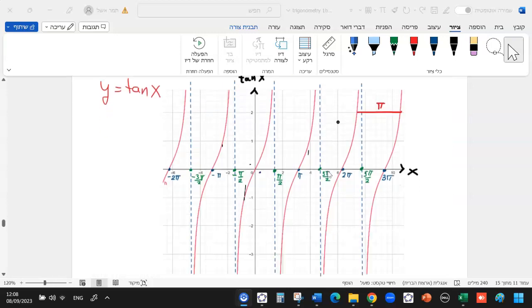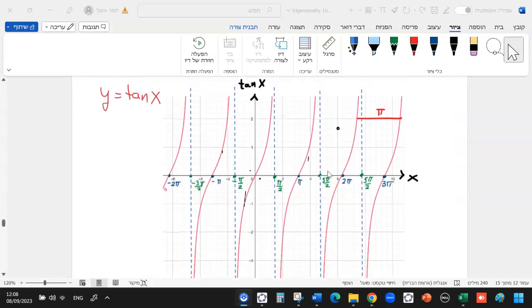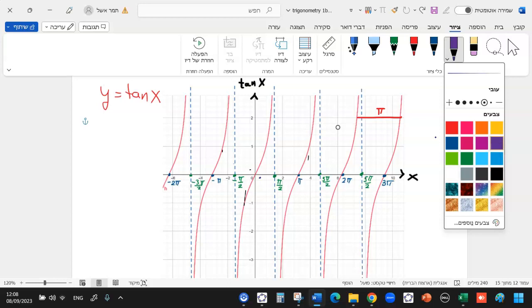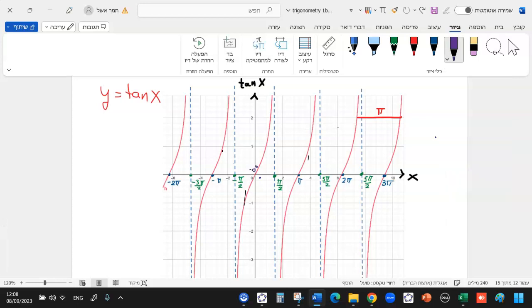You can see it here in a nice drawing. Notice that the cycle of tangent is 1 pi, not 2 pi as in sine x and cosine x. We can add the degrees here. This is 0 degrees, 90 degrees, 270 degrees, 450 degrees we have asymptotes, and on here we have 180, 360, every pi we have 0.